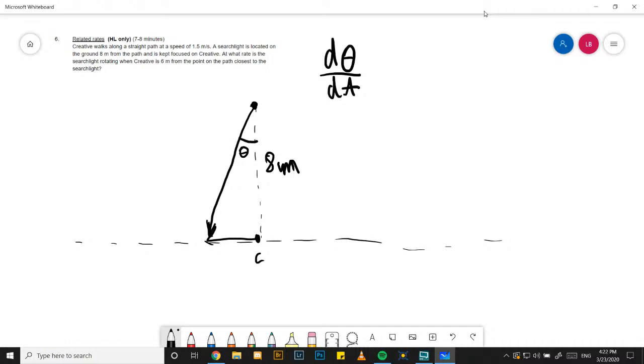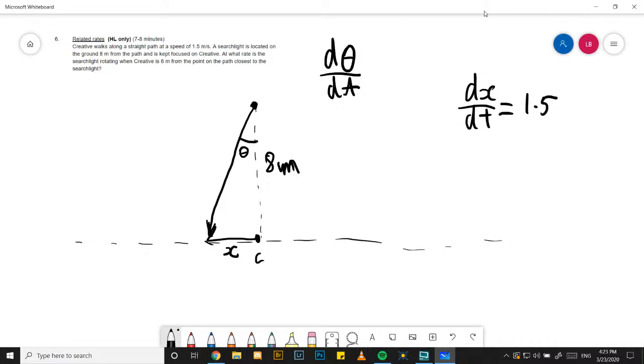But then look at what we know. It tells us he's walking along a straight path at a speed of 1.5 meters per second. So let's label this x, and dx dt is equal to 1.5, which means that every second x increases by 1.5 in this direction as he moves further that way.